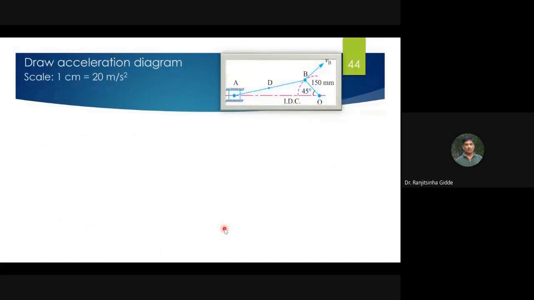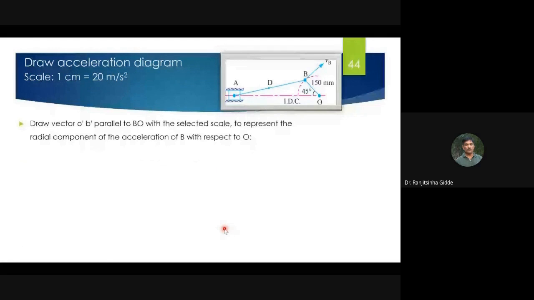Write down scale. 1 centimeter is equal to 20 meter per second square. 1 centimeter is equal to 20 meter per second square.